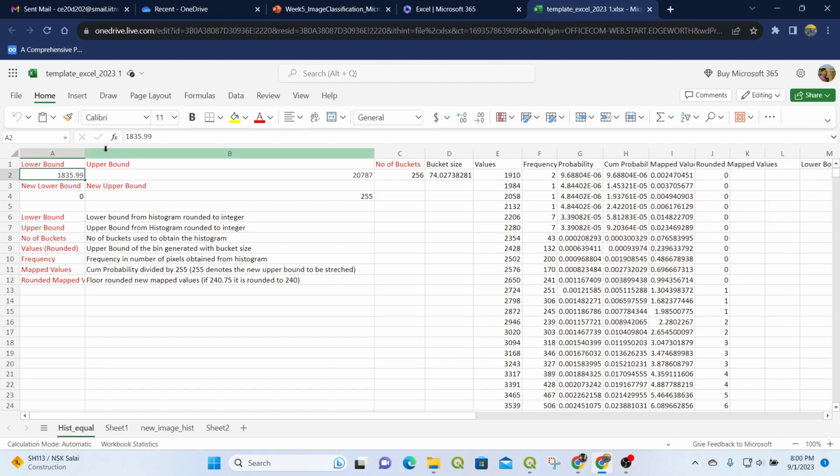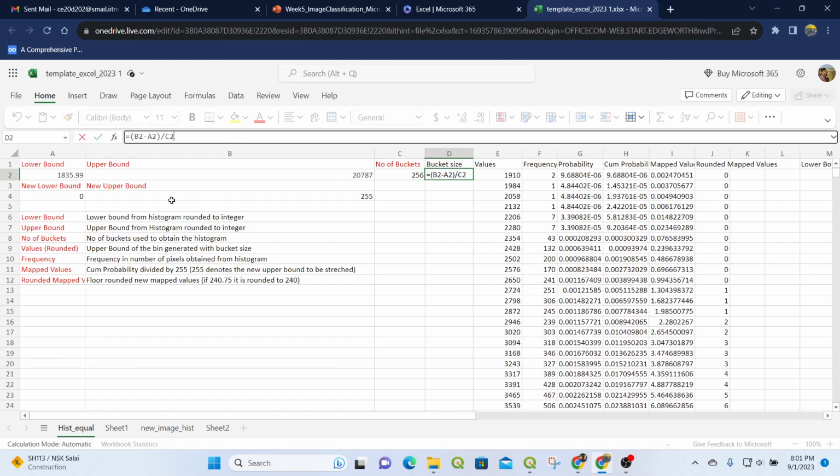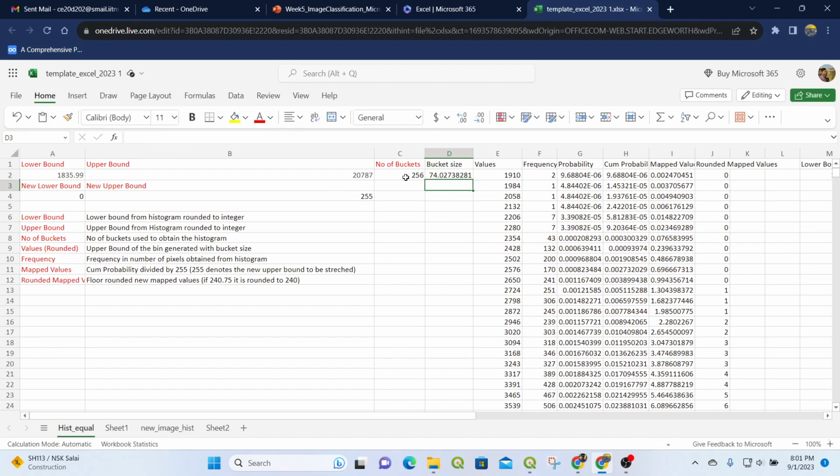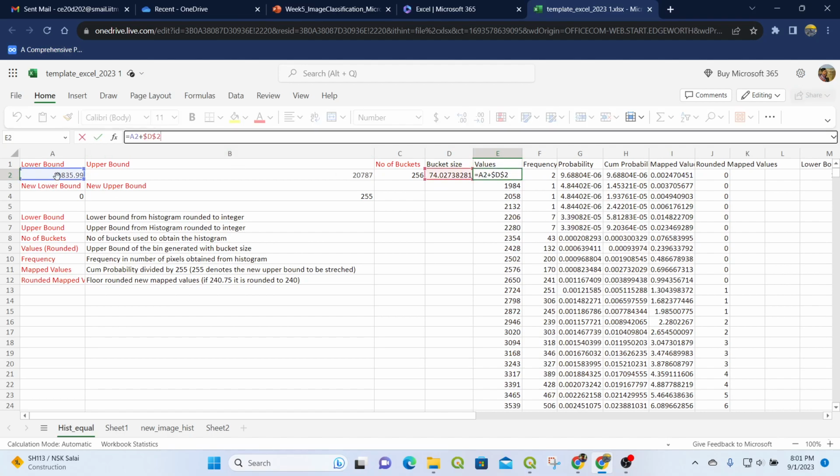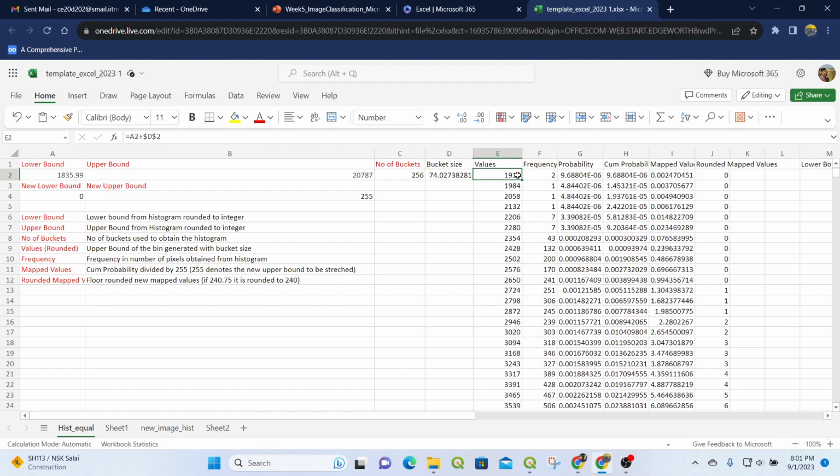So we are taking the lower bound and the upper bound from the histogram that is generated, and then the number of buckets we are fixing, and the bucket size is the upper bound minus lower bound divided by the number of buckets. So we will get the incremental value for each bucket, and the first value is the lower bound value plus the bucket size, and we need to add it up until the end.